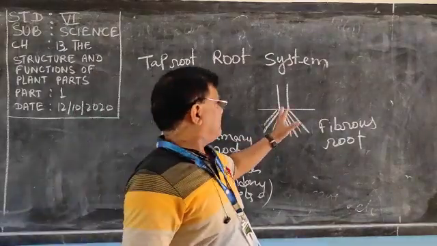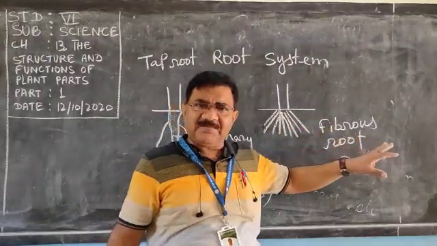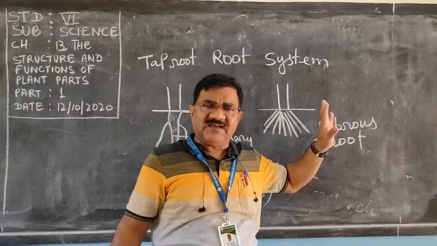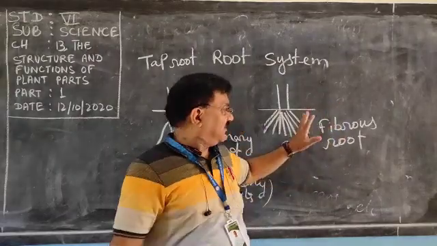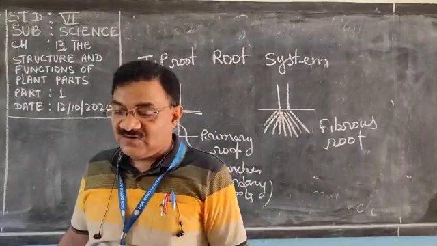In fibrous root, all the roots are of the same shape and size. They rise from the base of the stem, they are bunchy, and they are called fibrous root.